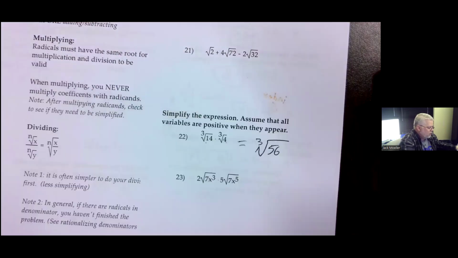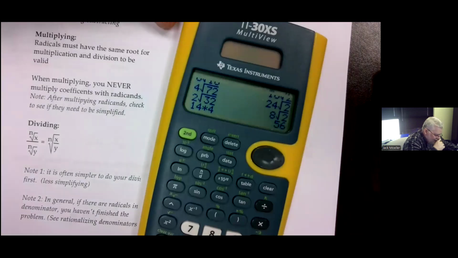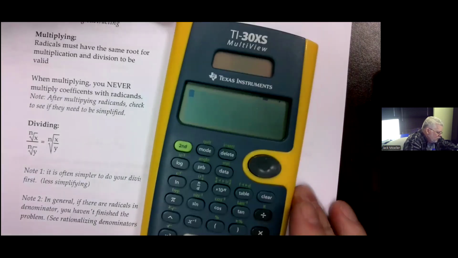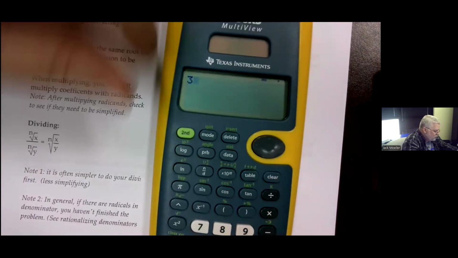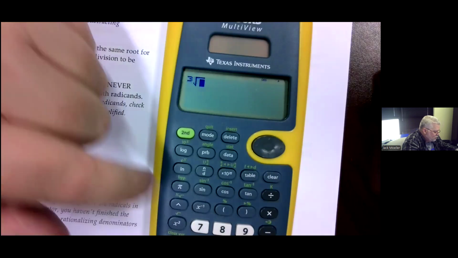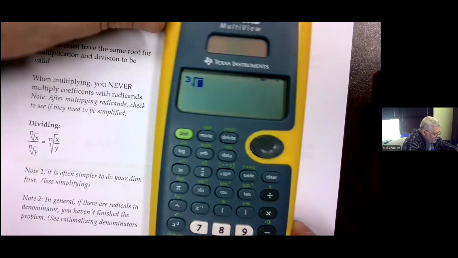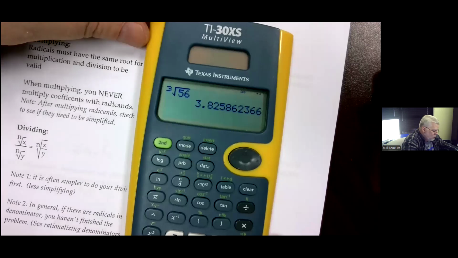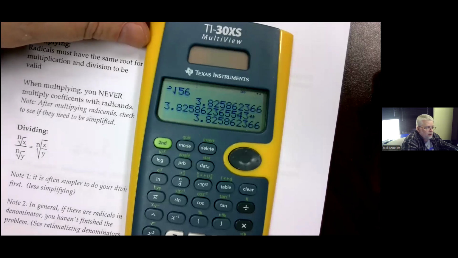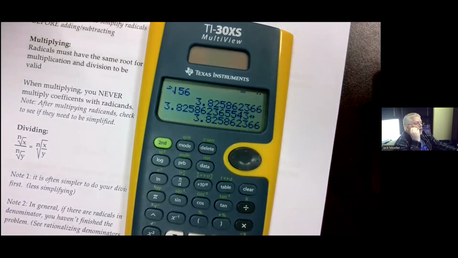Now here's what you have to be careful of with calculators: they're real good with square roots, not so much cube roots. So remember to do cube roots on the calculator. On this calculator, at least I can do 3 first, and then that x root, that 56. Notice that gives me a decimal, and if I do the double arrow key, it gives me a decimal back. So even the scientific calculators that are radical friendly, that's for square roots only, not cube roots.